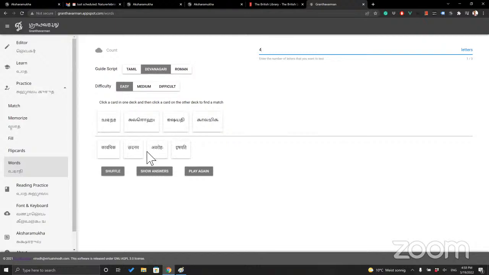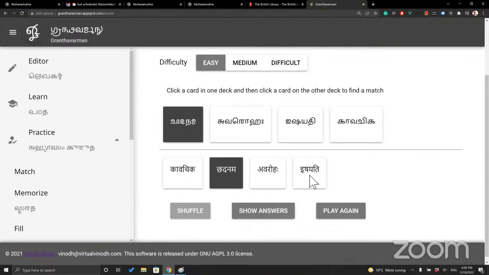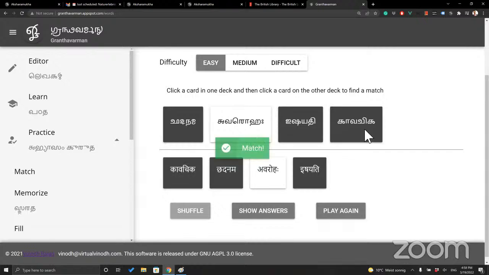I have chadanama, which is here, right? And if you think it's too small, you can use Control plus to make it bigger, right? So you can read it properly, right? I have Ishayati, which is here, right? I have Kavachika, which is here, right?